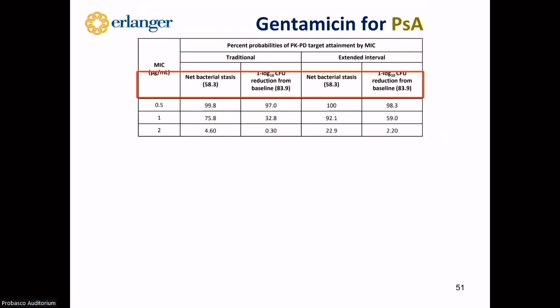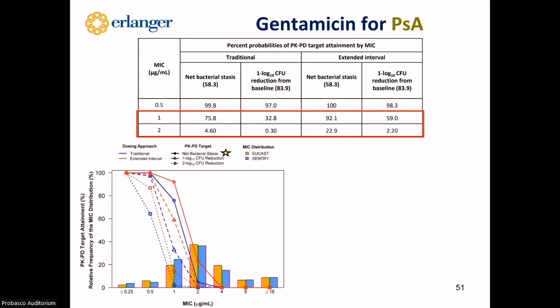When looking at Pseudomonas, we can see we're pretty strong at an MIC of 1, but at 2, we just completely fall off. And this was seen to be a big problem because, as we know through the sizes of the bars in this bar graph, most of the MIC values are 2 in all of the isolates obtained.